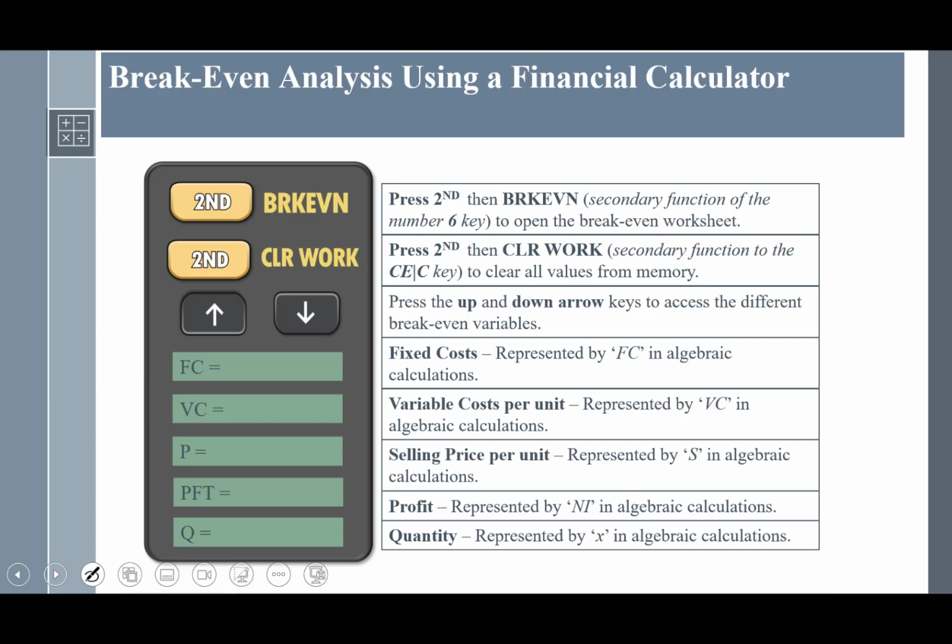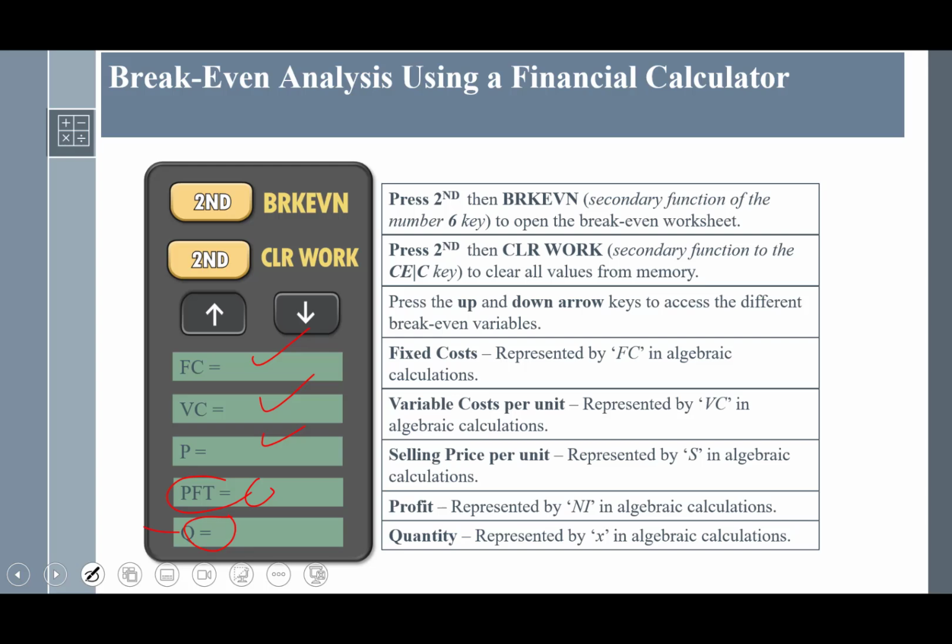So depending on what we're looking for, if we're looking at break-even, how many items they have to sell to break even, we're going to enter the fixed cost, variable cost, selling price. We're going to enter the profit as 0 because at break-even there is no profit, and it will give us the quantity required. If I'm looking for what's the profit if they sell 2,000 items, I will enter everything except the profit, and enter 2,000 for the quantity.